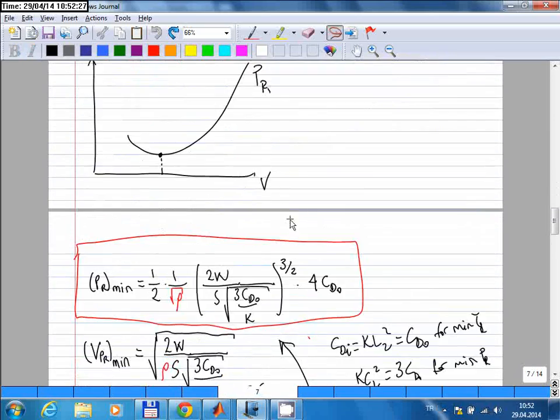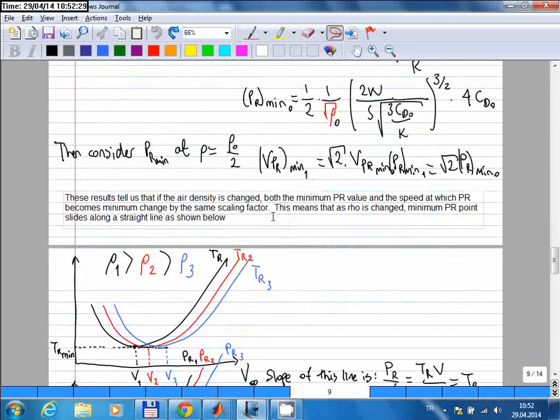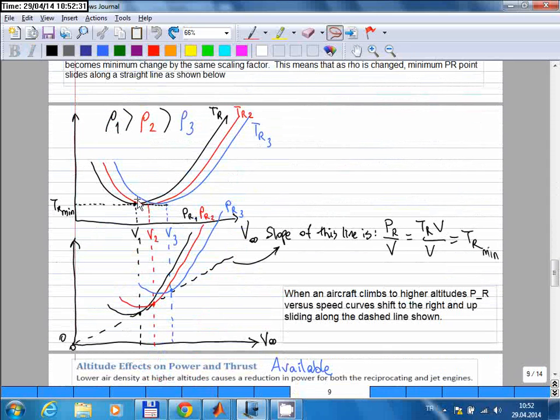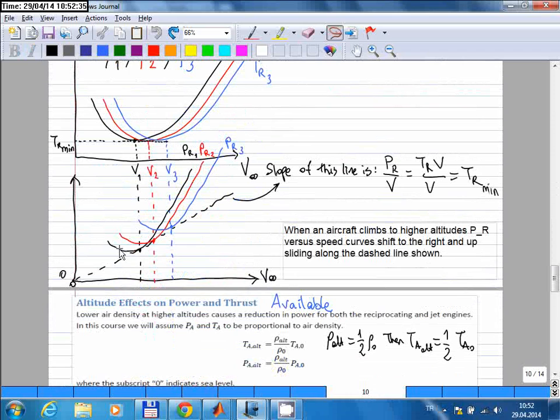Okay, and if you take a look at power, the situation is as follows. The power required curves shift to the right and up at the same time, which is expected, right? Because if you remember, if you draw a straight line from the origin tangent to the power required curve, then the point where these two are tangent happens to be the same point where the thrust required is minimum.